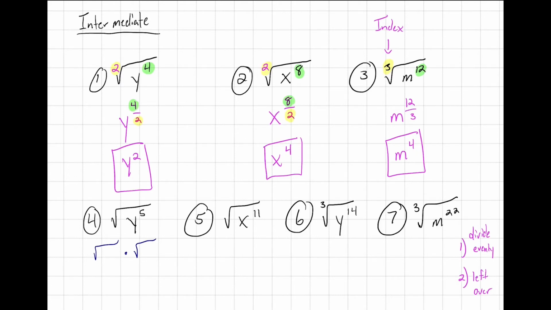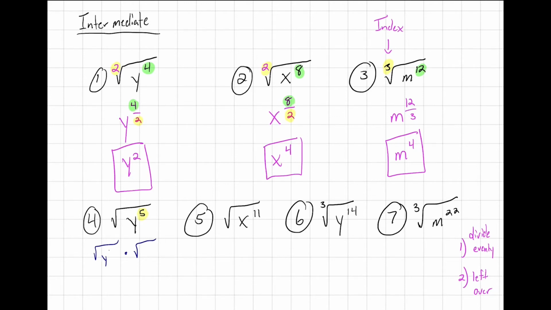Now, what's nice about square roots, looking at examples number 4 and 5, the easiest way to handle that is just to take one off of the exponent that you're given, so that way you have an even number, because we know any even number can be divided by 2.